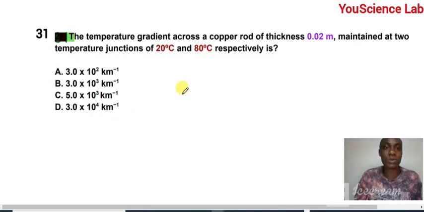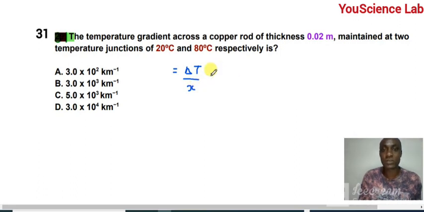Question 31. The temperature gradient across a copper rod of thickness 0.02 meters maintained at two temperature junctions of 20 degrees and 80 degrees centigrade respectively is. The temperature gradient is given as delta T divided by X. X is the thickness.